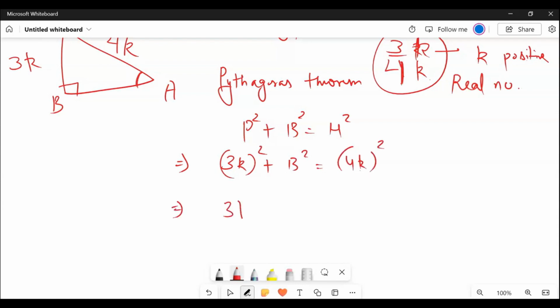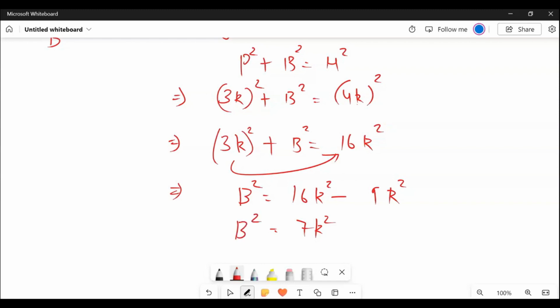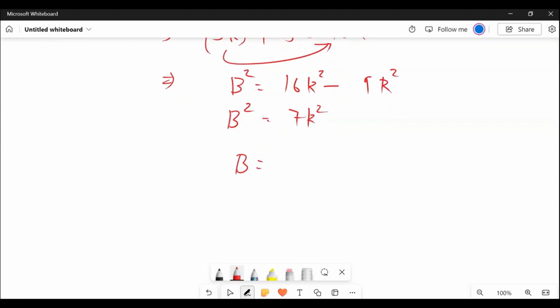So 3k square plus base square is equal to 16k square, and this goes to that side, so negative. So base square is equal to hypotenuse square minus perpendicular square, that will be 16k square minus 9k square, that will be 7k square. This is your base square. Okay, so base will be 7k. Now you got the base also, root 7k actually, because we have to take the root of 7, root 7k.